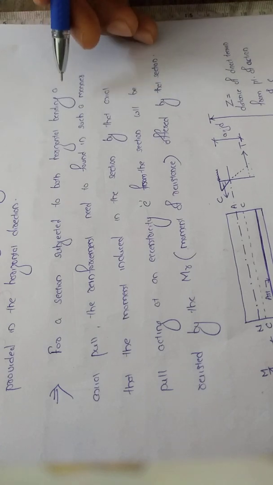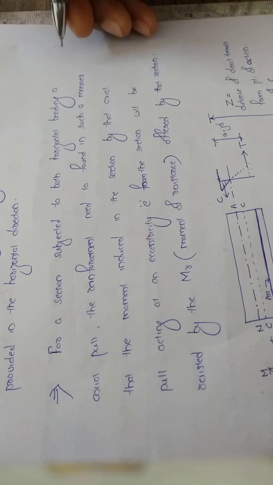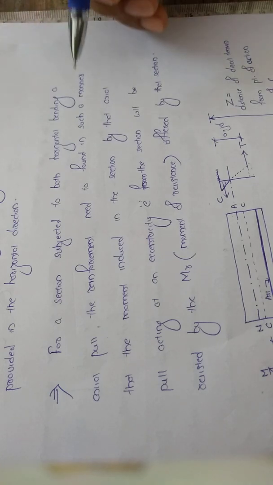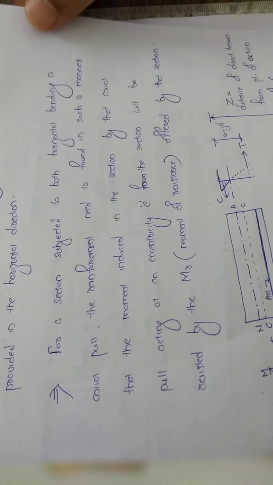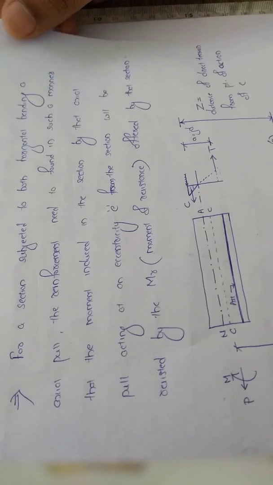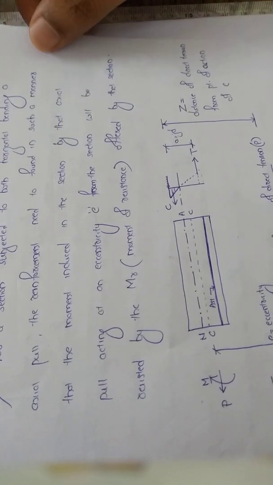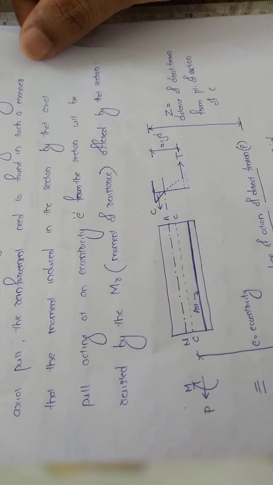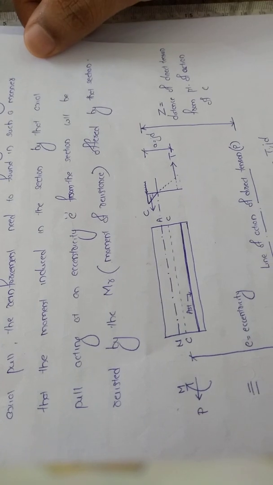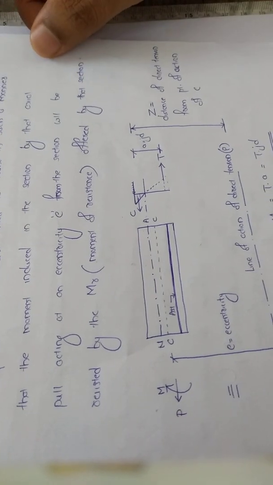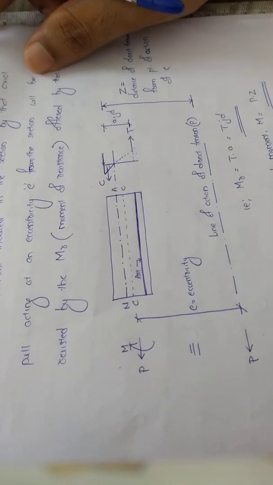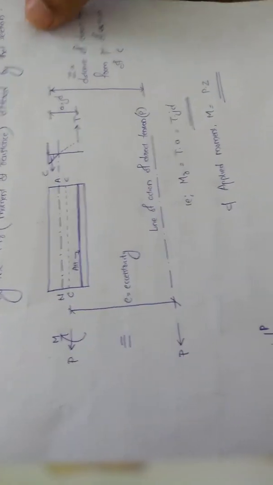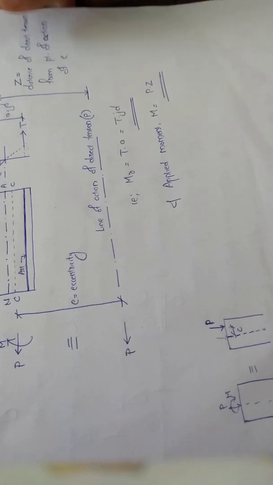When the section is subjected to horizontal bending and axial pull, the reinforcement needs to be found in such a manner that the moment induced in the section by that axial pull acting at an eccentricity E from the section will be resisted by the moment of resistance offered by the section. This we know in column design also we have seen something like this.